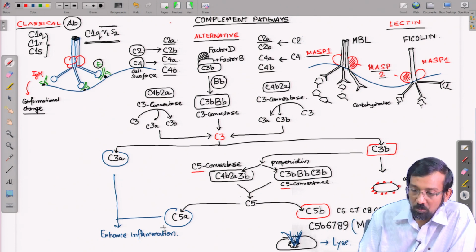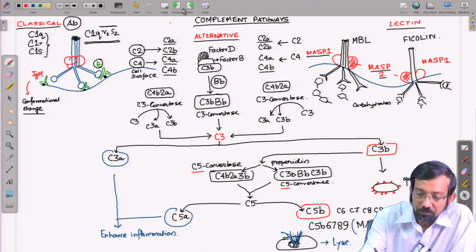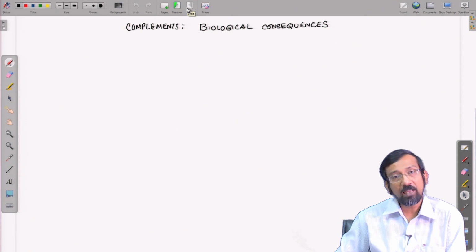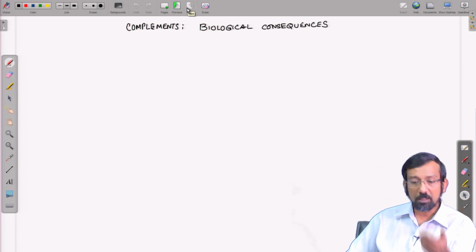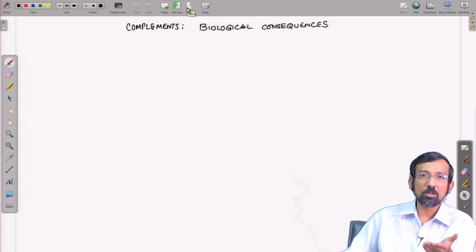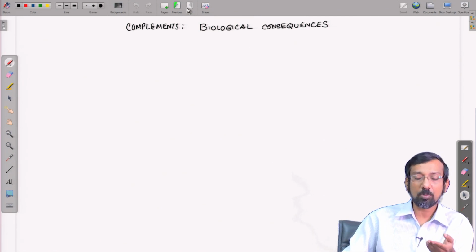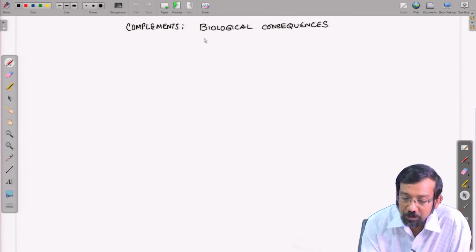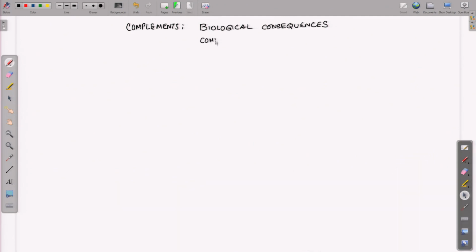For that we need to understand the biological consequences or the functions that all these cleavage products of the complement proteins perform.